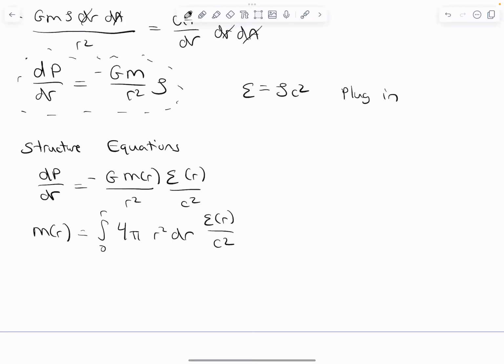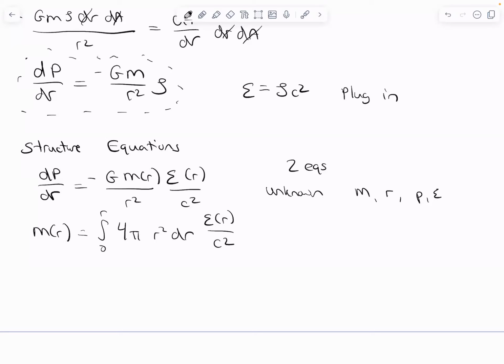All right. And so now we have two equations. But the issue is that we still have more than two unknowns. So we do not know the mass, we do not know the radius, we do not know the pressure, and we do not know the energy density.